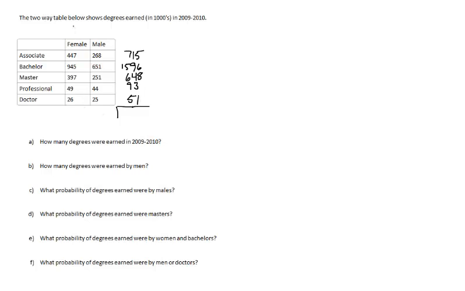Then if we add down the columns, for females we have 447 plus 945 plus 397 plus 49 plus 26, and that gives us 1864. When we add up the male column, we have 268 plus 651 plus 251 plus 44 plus 25, and that gives us 1239.